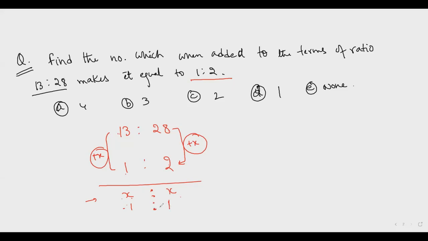Now according to the number, just do the cross multiply. 26, 28, 2 into 2, 1 into 1. Difference is 1, difference is 2.